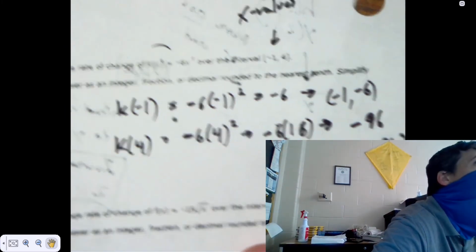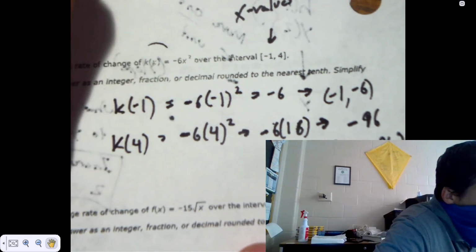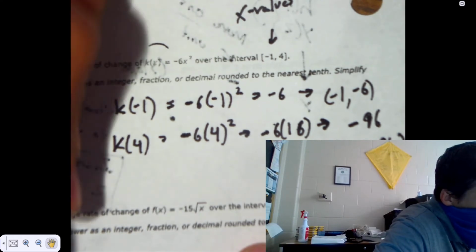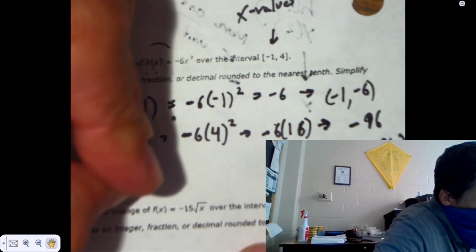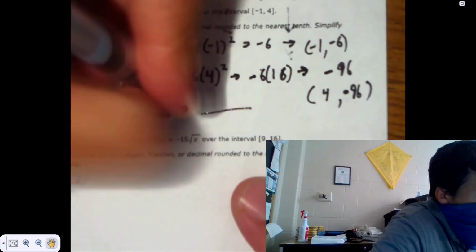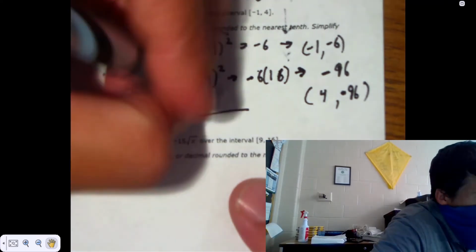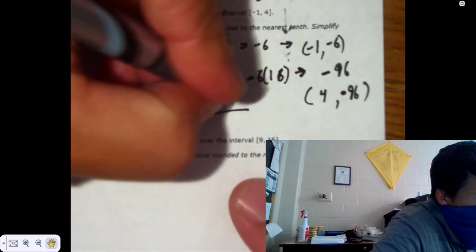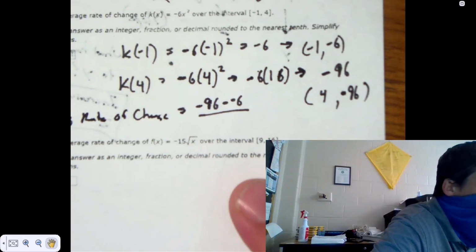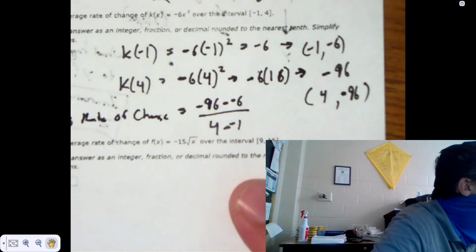Now we just follow the formula for slope. Nothing more, follow the formula for slope. Average rate of change would have to equal, somebody set it up for us. -96 minus a -6, yep, over 4 minus -1.